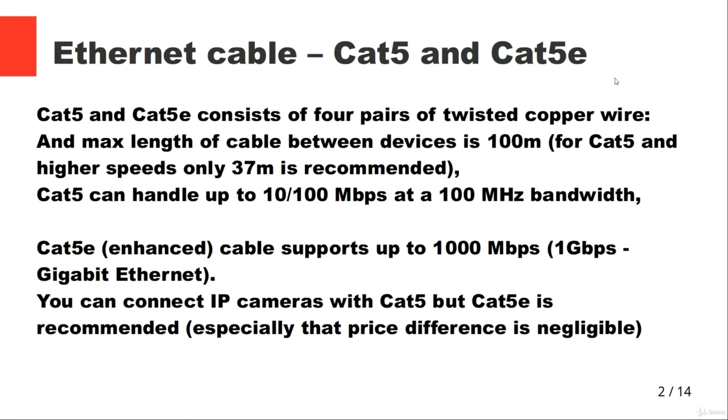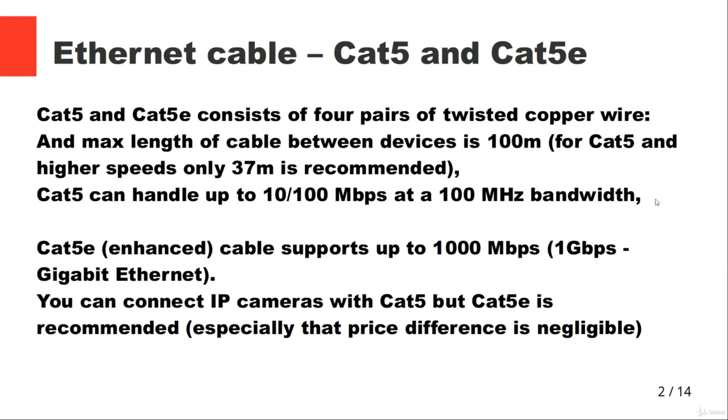Cat5 can handle from 10 to 100 megabits per second at 100 megahertz. So if you're using those smaller speeds, 100 meters is fine, but if you need higher speeds, you may want to have a shorter distance to reduce the loss of data, crosstalk, and stuff like that.